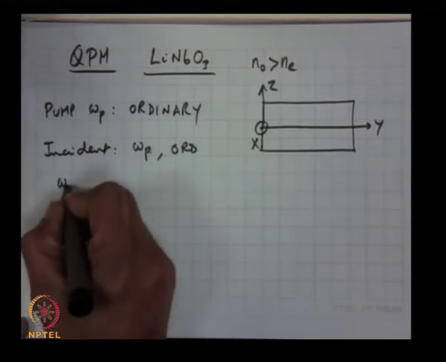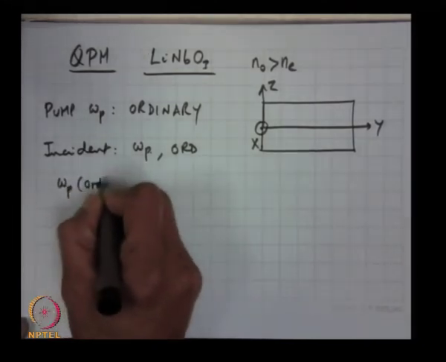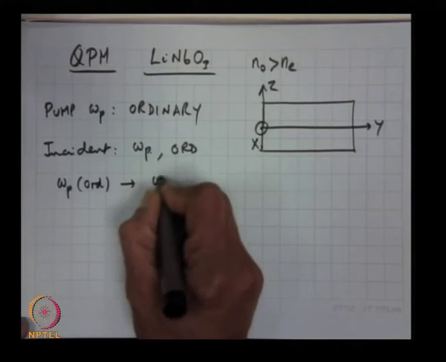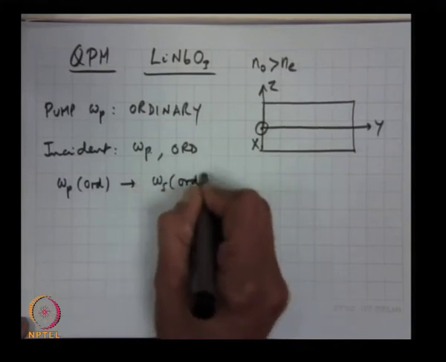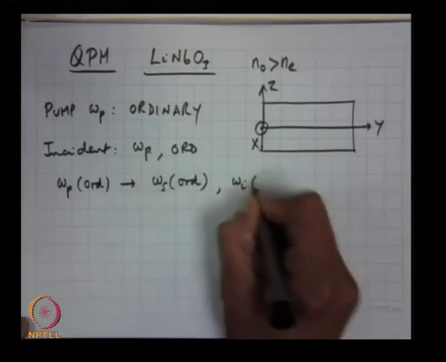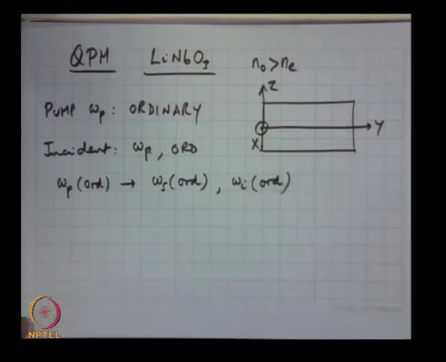Omega p ordinary leading to omega s ordinary and omega i ordinary. Now please remember, I'm using quasi-phase matching, so I can choose an appropriate capital K vector to satisfy the phase matching condition. I'm not restricted now to using birefringence phase matching, so I am taking the propagation to be along one of the principal axes of the crystal.